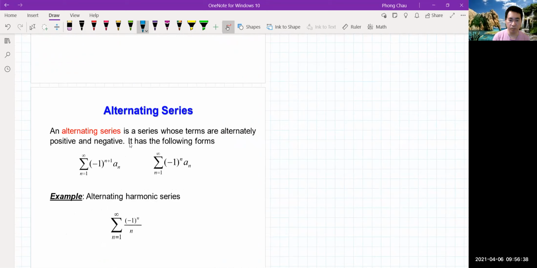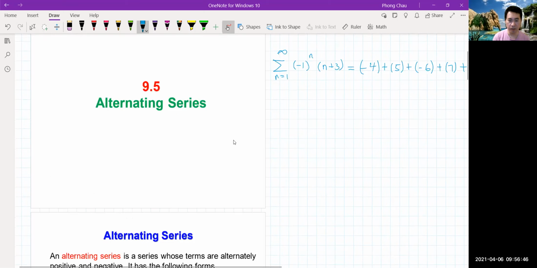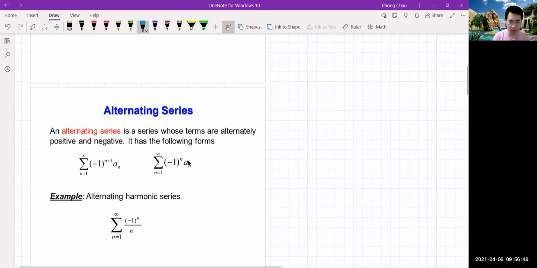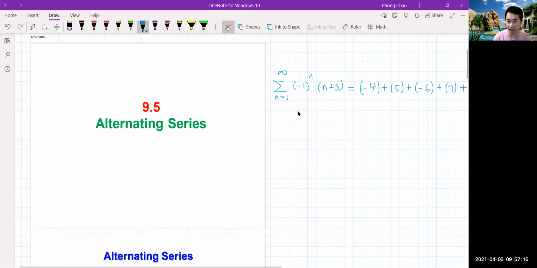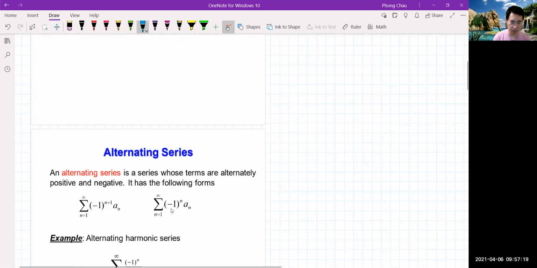It must have one of the following forms: either negative 1 to the n times a sub n, where a sub n is a positive terms formula, or negative 1 to the n plus 1, sometimes n minus 1 or n plus 1. They are actually the same. It just depends on where we start the index n, and whether the series starts with a negative term first or a positive term first.